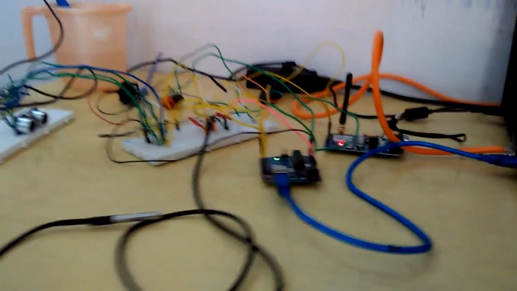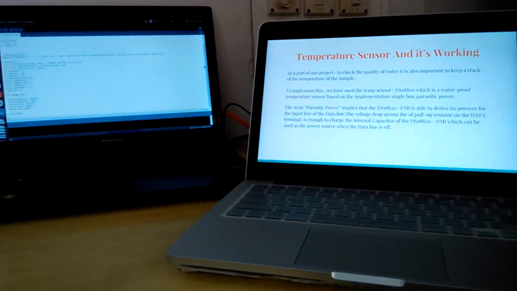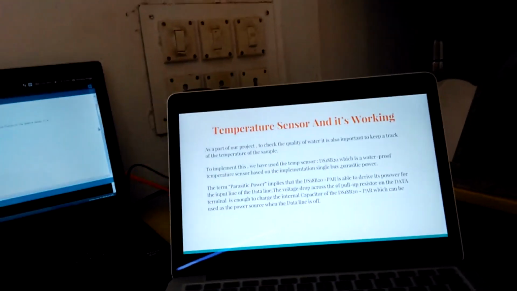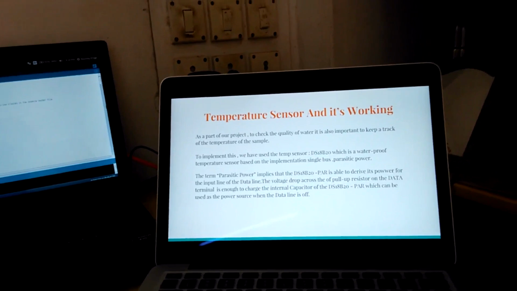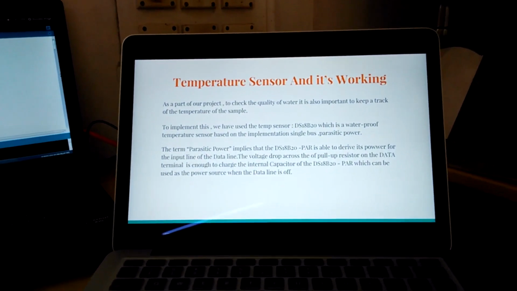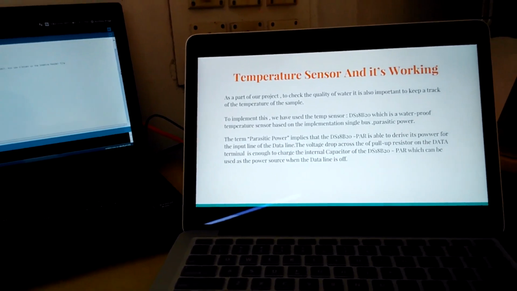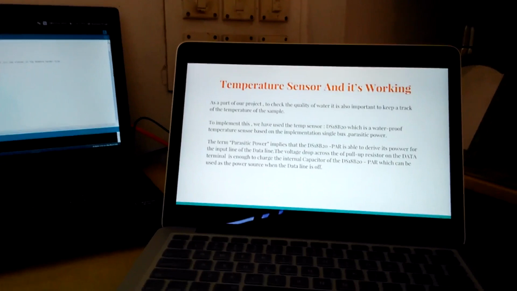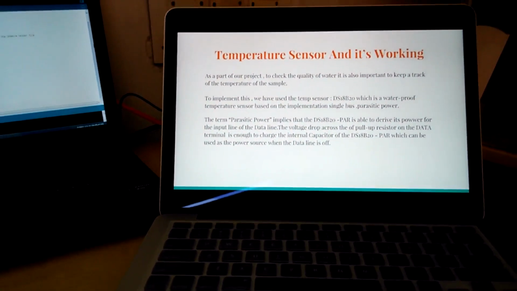So essentially, it's a thermistor which is able to compute the temperature and map it to a particular voltage level, and that is how we can measure temperature. So it essentially acts as a thermometer, and it's a one wire device. It doesn't need a separate source, it doesn't need a VCC.